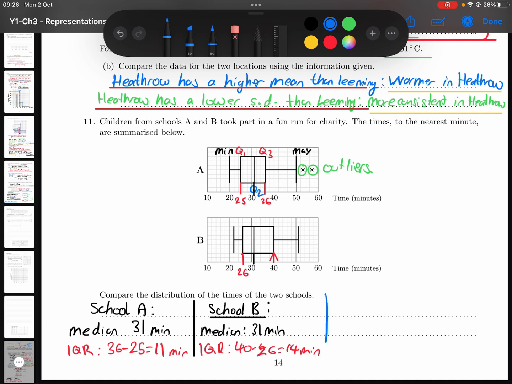So what can we say as a conclusion? They have exactly the same median, so we can say that the average times for both schools were similar. But what can we say about the spread of the data? School A has a lower interquartile range.